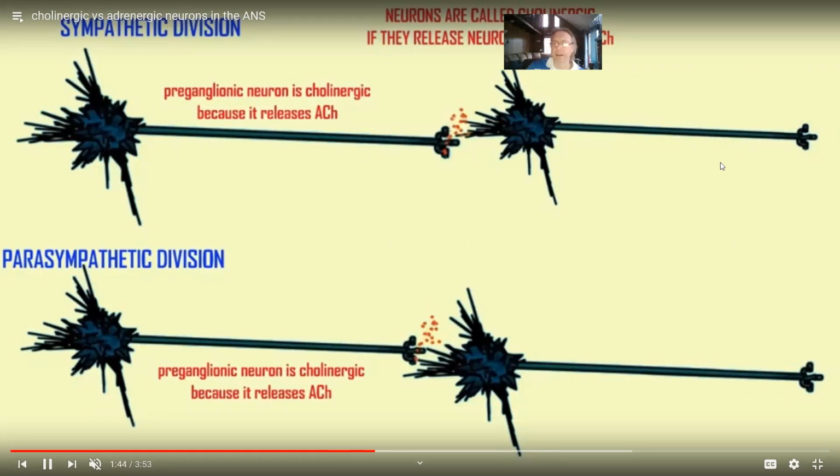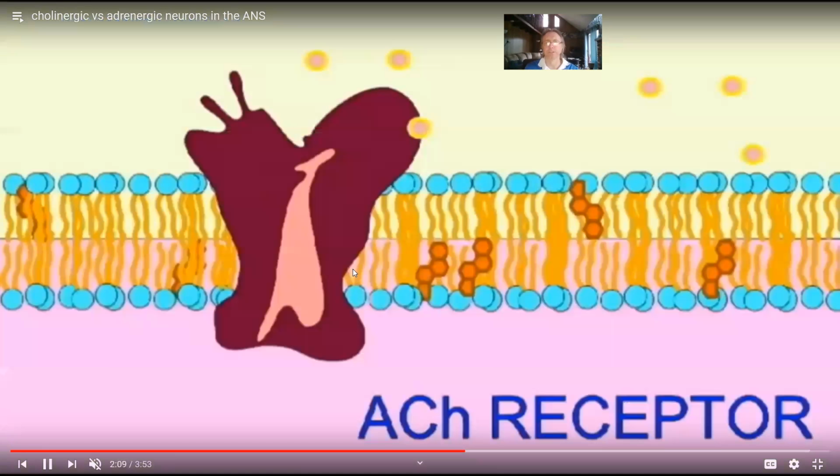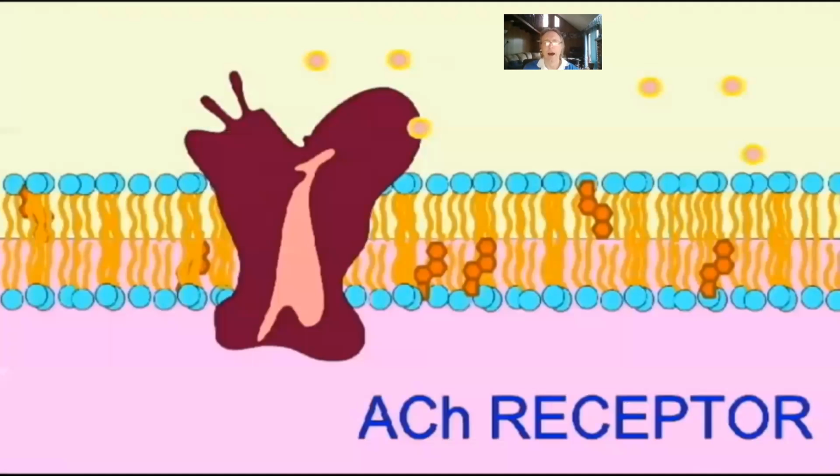In contrast, however, the postganglionic neurons can vary. In the parasympathetic division, the postganglionic neurons also release acetylcholine and are cholinergic. However, the majority of the sympathetic postganglionic cells release norepinephrine and are called adrenergic. So that's just a definition, cholinergic versus adrenergic.